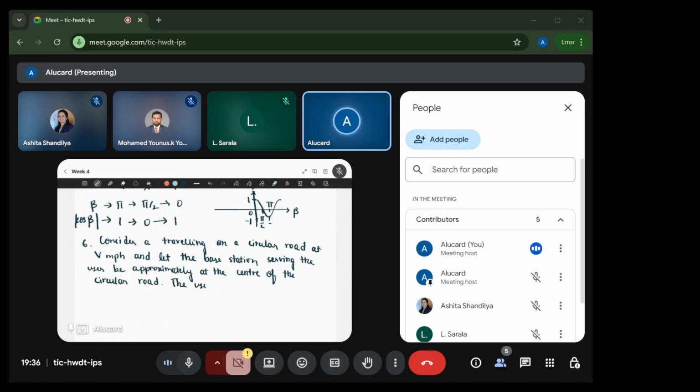The user experiences, there are options: A, positive Doppler shift. Second option is negative Doppler shift.